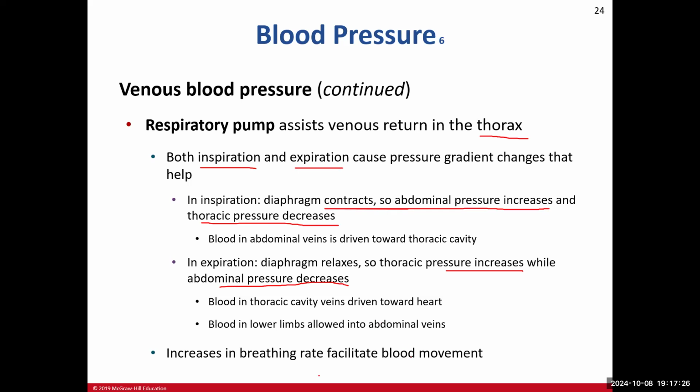So again, this will help to move blood. So you have two systems now that we just talked about that help to move blood from various areas of your body. The skeletal muscle pump from the lower extremities, and then your respiratory pump will help to move it from the abdominal cavity into the thoracic cavity and then into the heart. All right, so that's the two mechanisms.